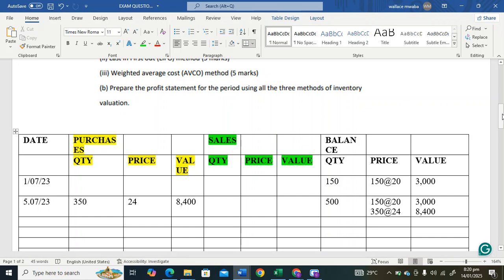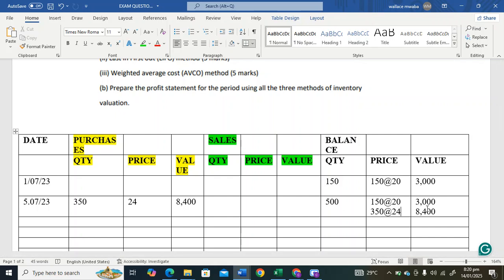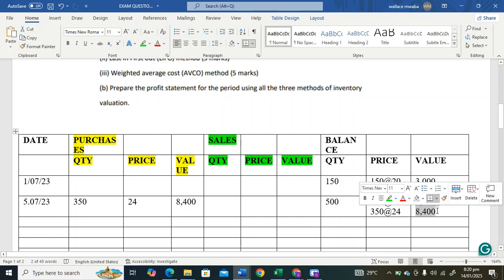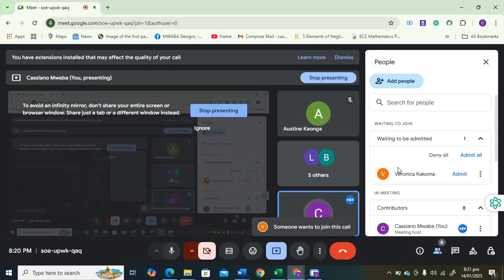And it would be wrong at this point. Because remember, there are going to be sales happening, and we need to be erasing from these batches of inventory. So if you total up the amount, calculating the values will be a bit difficult. So, please do not total them up yet. The way they are, you will just leave them like that. Any other question?